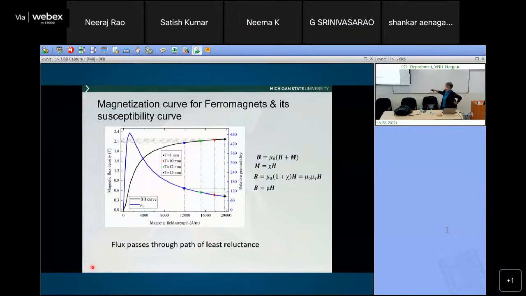Right. At each point you take the derivative, and then this is how it looks. You can intuitively see that this is almost linear, so it should be constant. But when you take the derivative at each point, you really get a curve that looks like this.